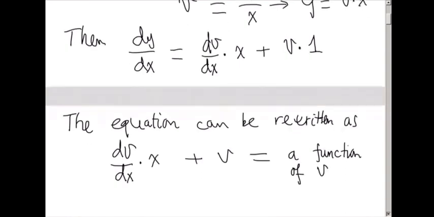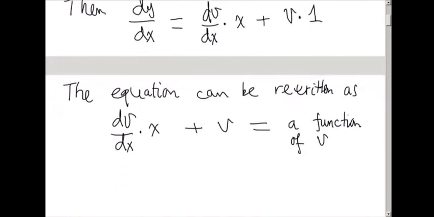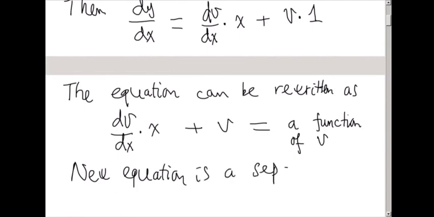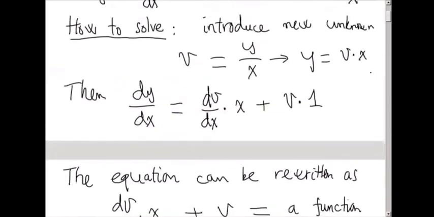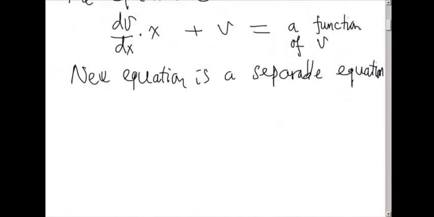Then it turns out this new equation is a separable equation, which we already know how to solve. So after we solve for v, we will go back to get y, which is v times x. So by multiplying v by x, we get y.